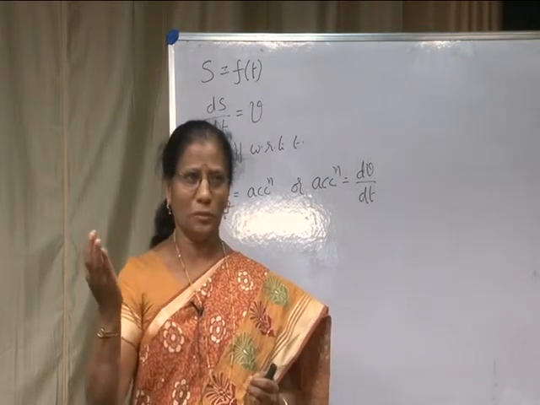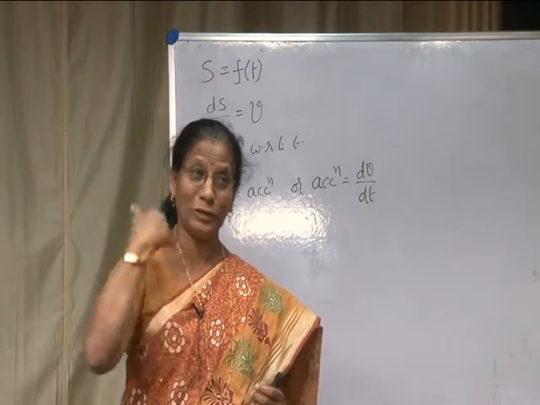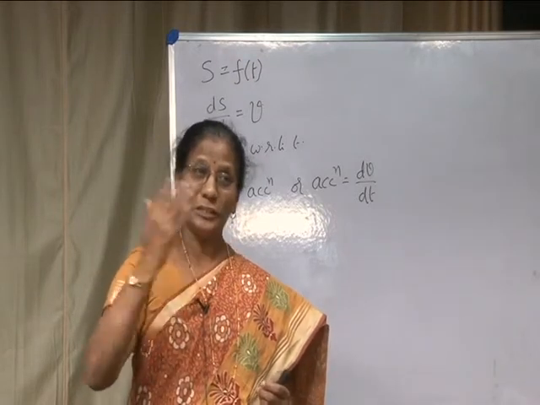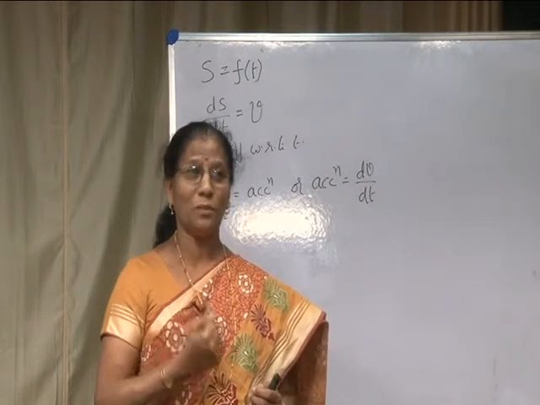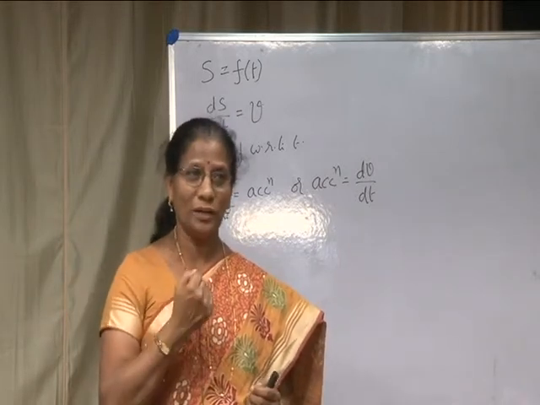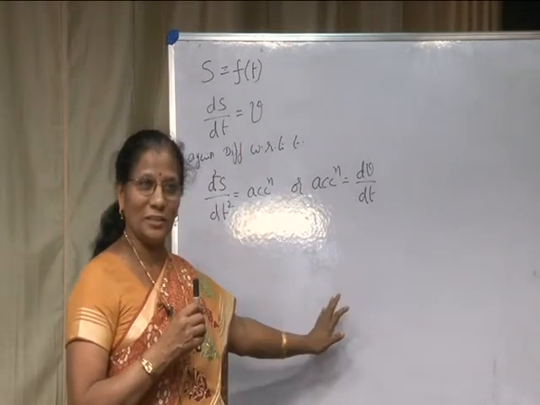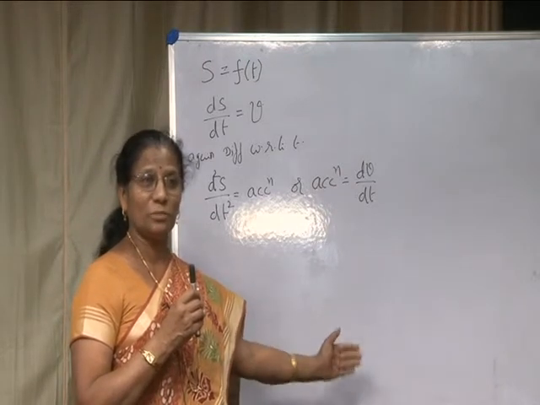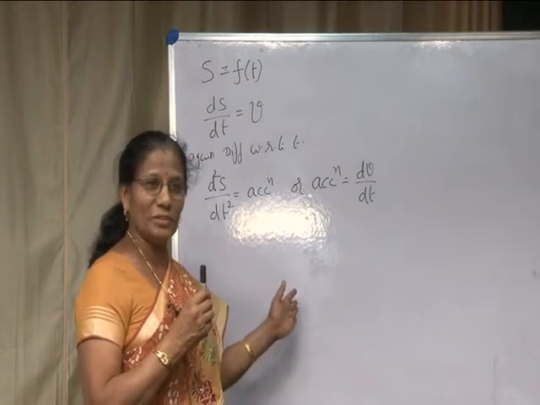So with respect to time, depending on how much time you take to fill the air, the volume increases, dv by dt, we write. The area increases with respect to time, dA by dt, we write. The radius increases, dr by dt. So not only velocity and acceleration, volume and area can also be measured with respect to time. Now we are going to do the problems on the derivative as a rate measure.